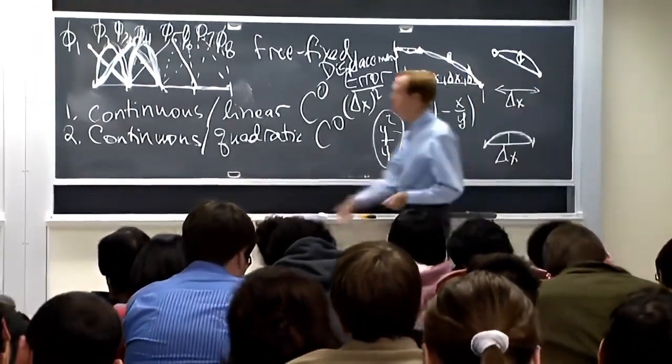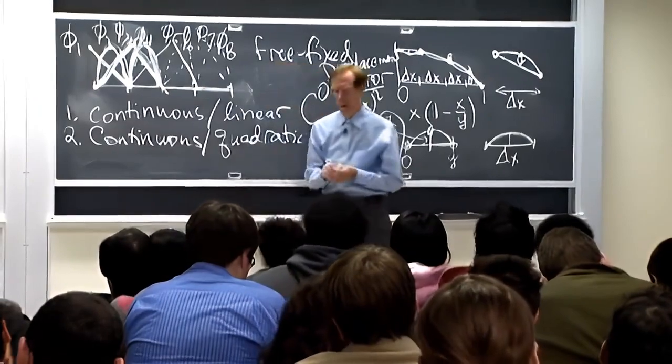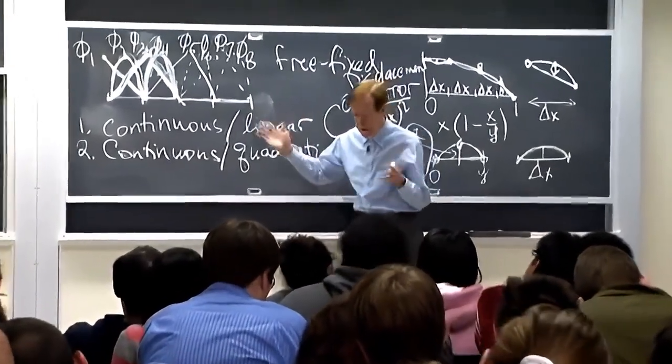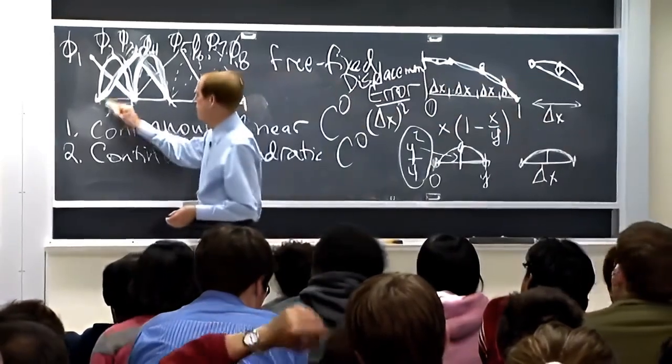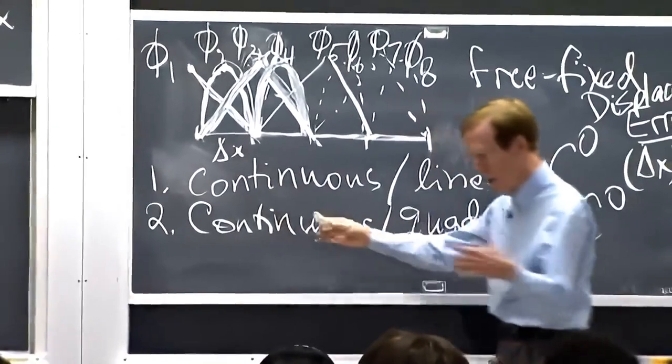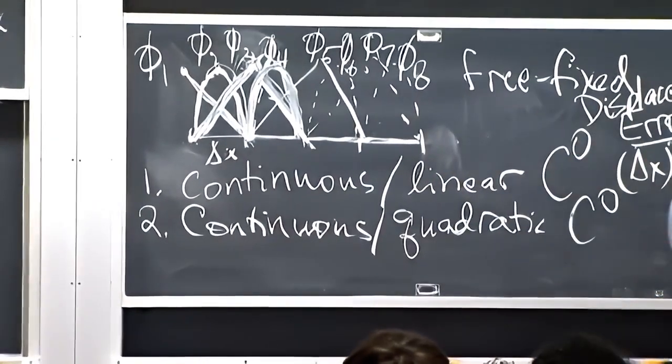Suppose I include these bubble functions with delta x as my length scale horizontally. What will be the scale of the error?